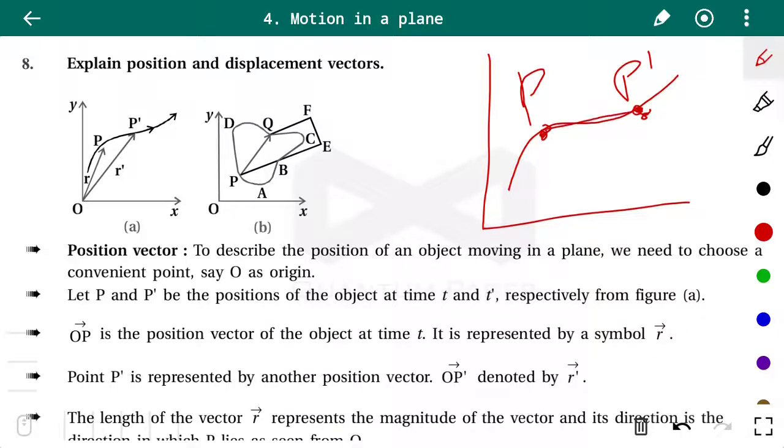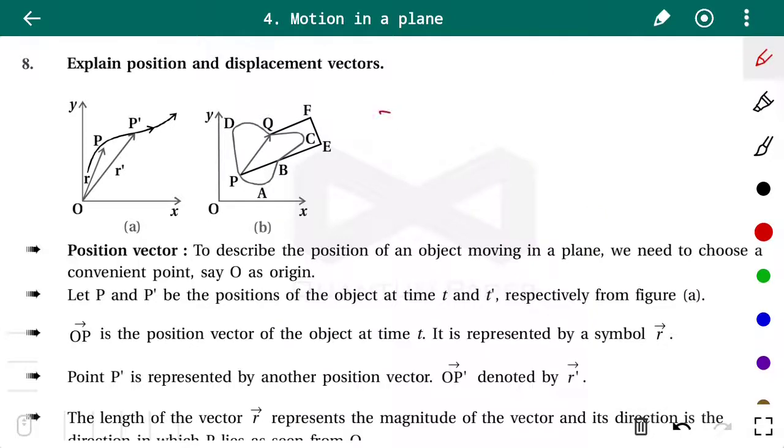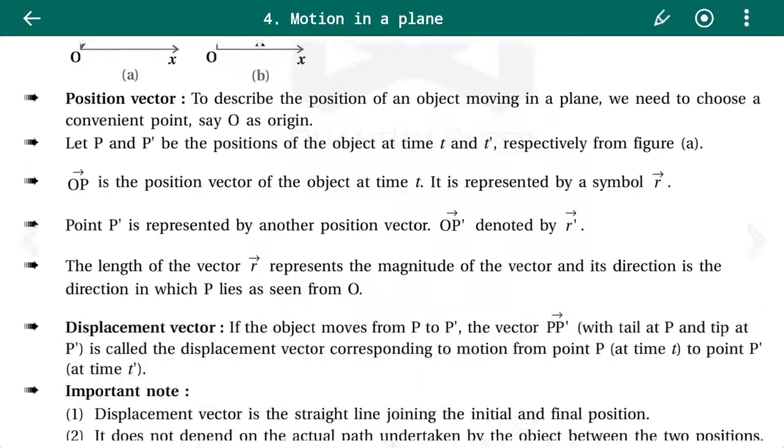So we need to join this line from P to P dash, because displacement is what? That is the difference between the final position and the initial position. That is x equals xf minus xi, right? This is the displacement. Final position minus initial position gives the displacement.